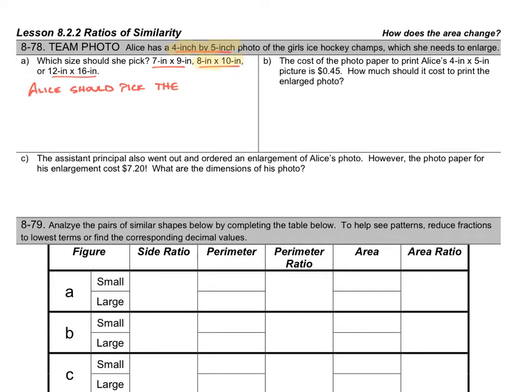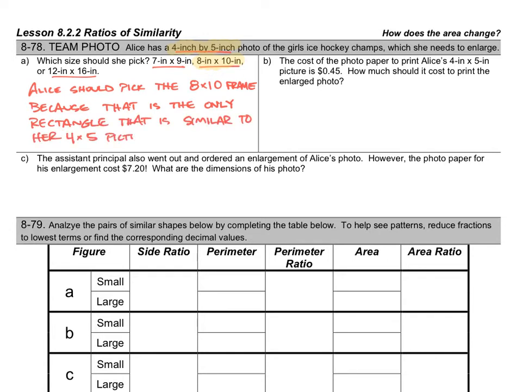The other two don't match with the same scale factor on each set of sides. So we're going to go with the 8 by 10. And there's a scale factor of 2 on that enlargement.